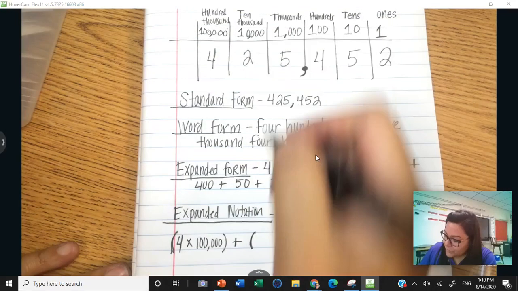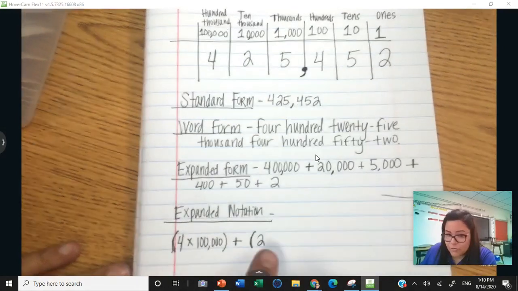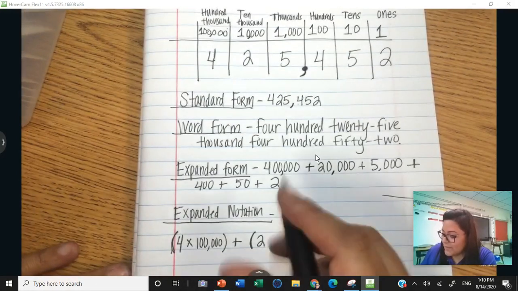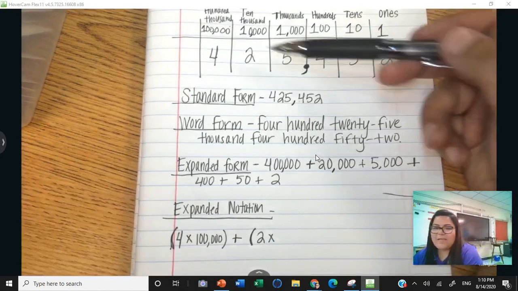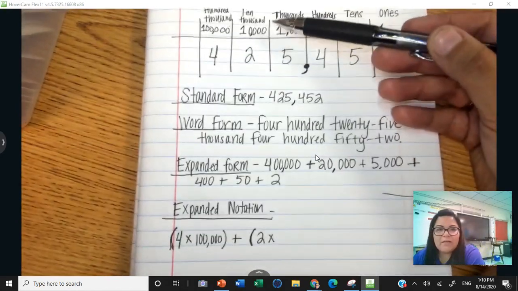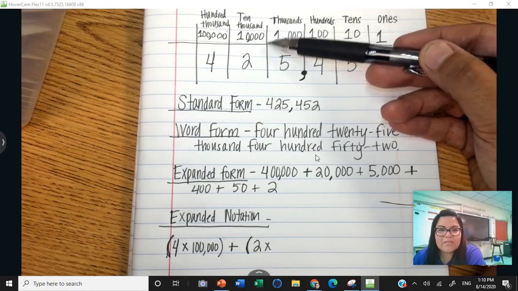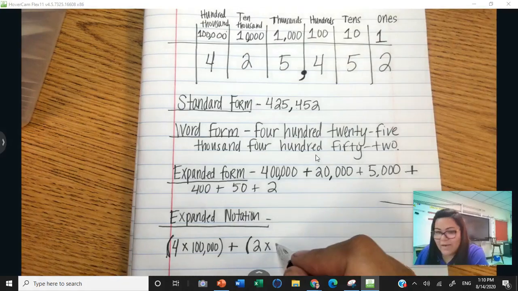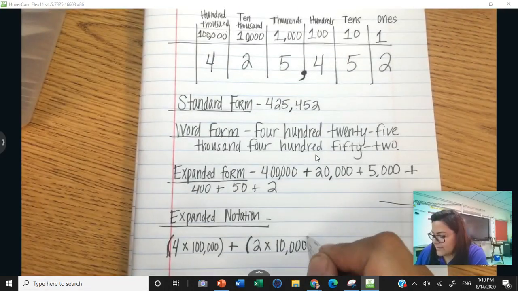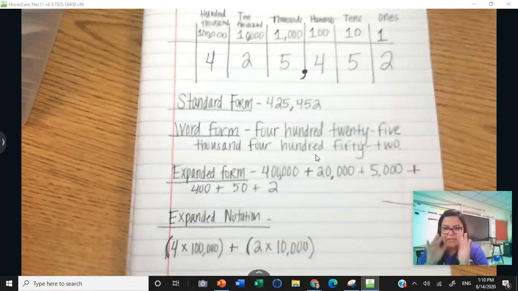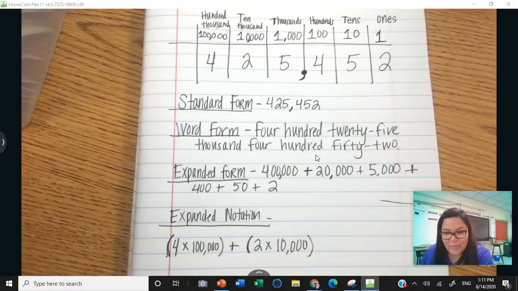And I'm going to bring down the 2 and follow the same pattern. What's next? The multiplication sign. And then the 2. Which place value is that 2 in? It's in the 10,000s place. So I'm going to multiply it times 10,000 and then lock it up in the parentheses so that it doesn't escape. We cannot let it escape, okay?